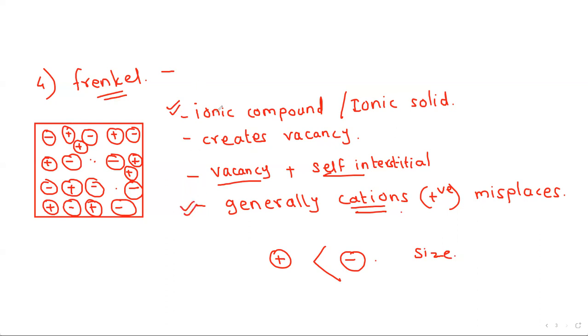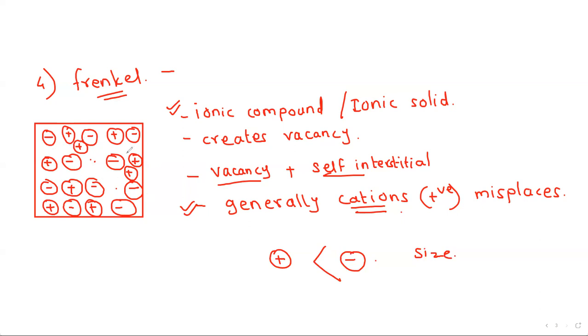So basically we will revise: this defect, which is the Frenkel defect, happens only in ionic compounds. Again, it creates a vacancy. Why? Because some charged particles, generally cations, leave their original site, so a vacancy is created, and they are placed interstitially, that is in the voids, the spaces in between the particles.